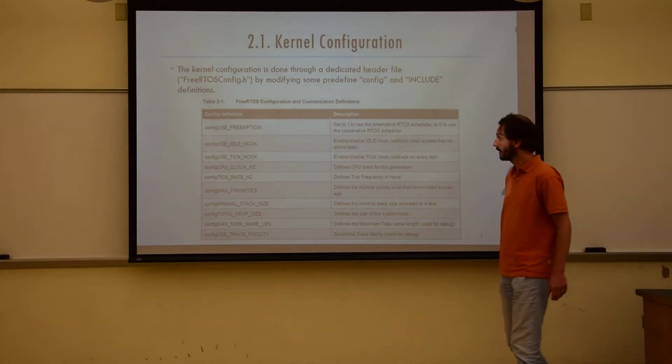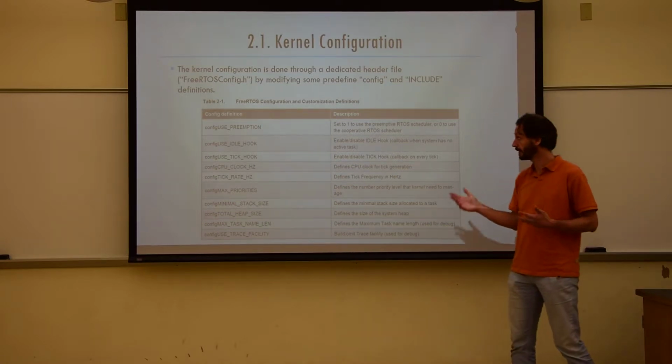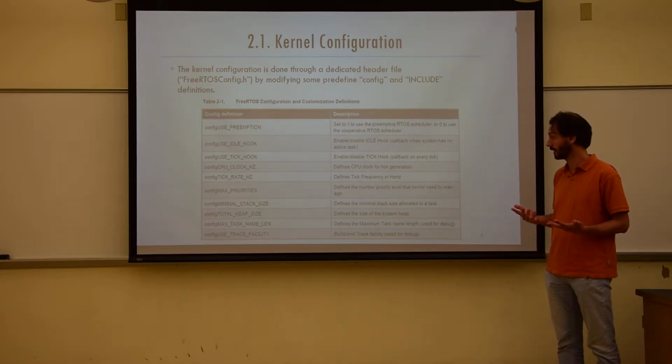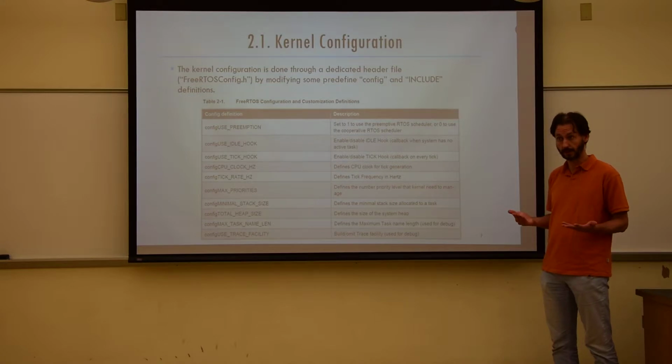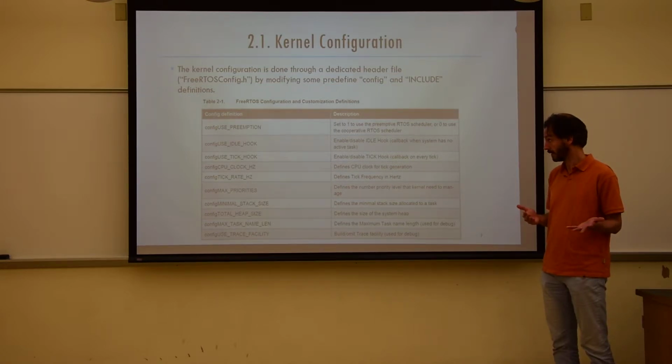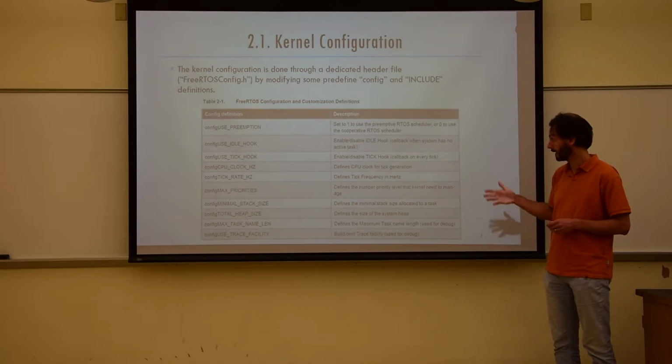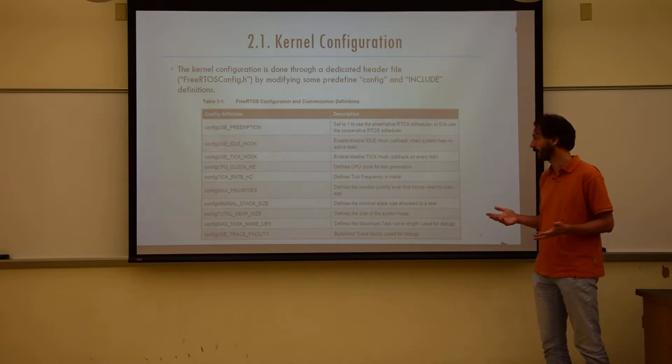So when you look in the directory with the FreeRTOS, you can download FreeRTOS yourself, of course, from the internet, but we also have it in the shared directory. And in there you will also find a document that describes FreeRTOS.